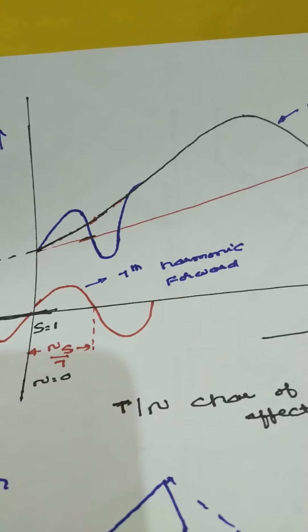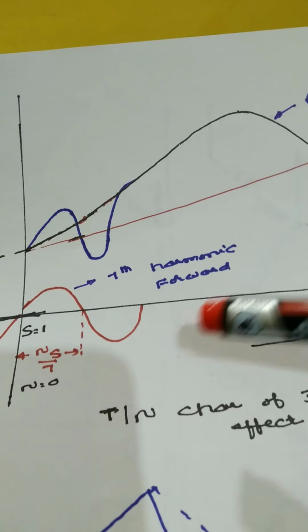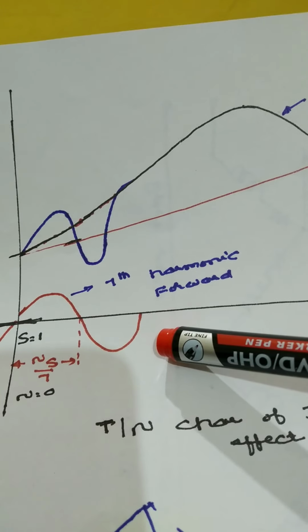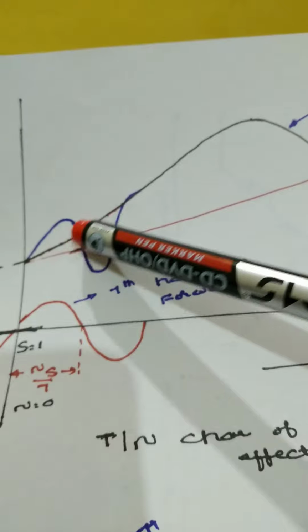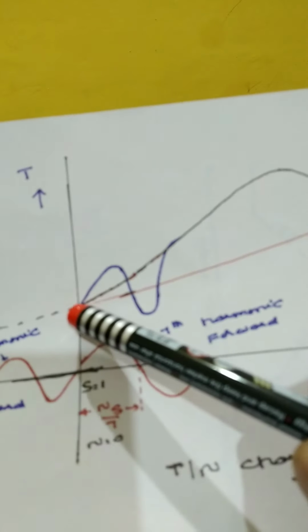Now the forward fundamental and seventh harmonic combined together give a speed torque characteristic. This is the speed torque characteristic of the combined result of fundamental and seventh harmonic, because the seventh harmonic and fundamental are in the same direction. So now if you observe here, this is the starting torque.